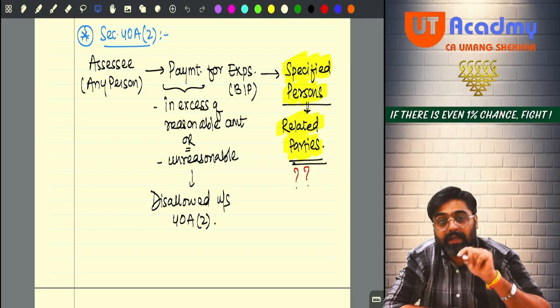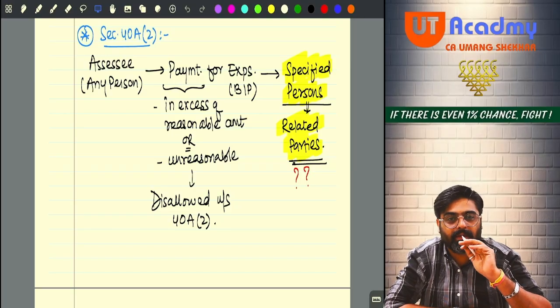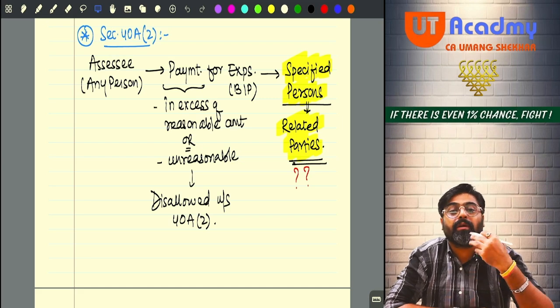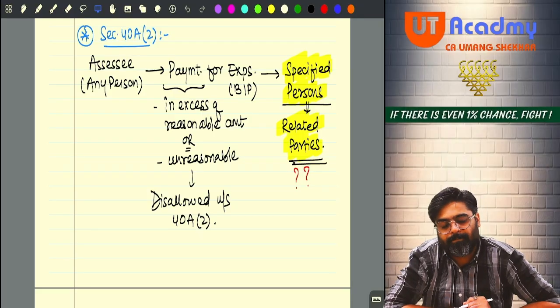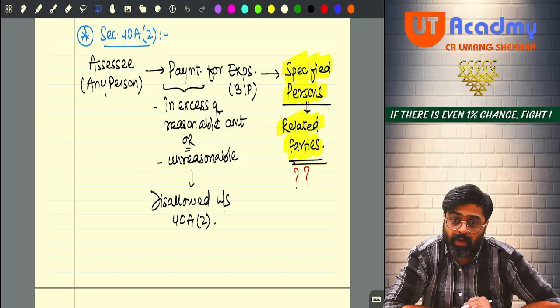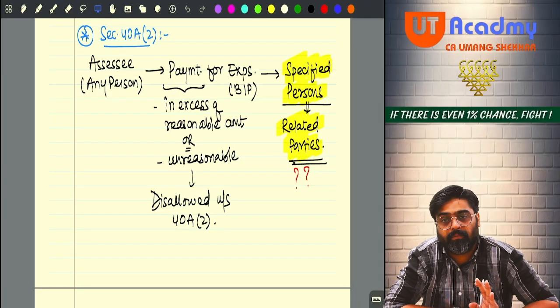But here there are chances that I try to claim some excess amount as deduction, which may not be my expense. For example, Kaushik is my brother, and Kaushik is an engineer. I'm telling Kaushik that if I take any engineer in my office to work, I'm going to pay him 25,000 as salary per month.